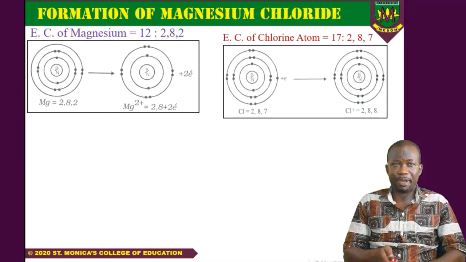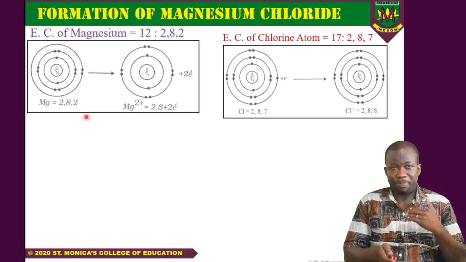So if we want to balance it, this side we have 2, and then we have 8, and then we have 2. When you come to this side, the 2 electrons on the outer shell have already been given out. So it is left with just the 2 shells. First one picking 2, the next one picking 8.